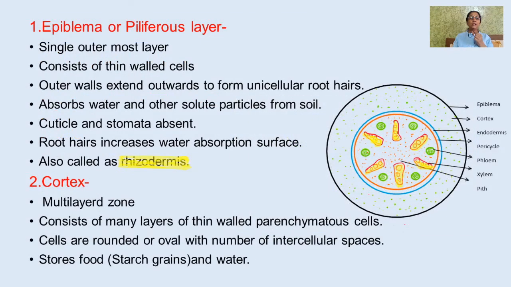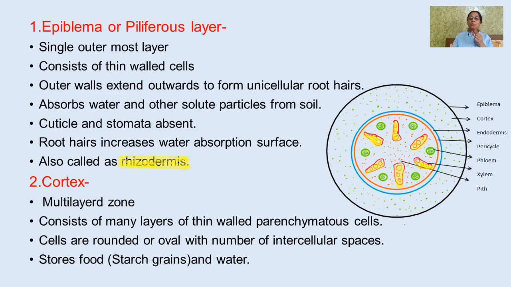The outermost layer is the epiblema or piliferous layer, which has thin walled cells and consists of a single layer. The outer wall of these cells extends into a fibrous structure called the root hair, which is unicellular in nature, and its function is to absorb water and solute particles from the soil.